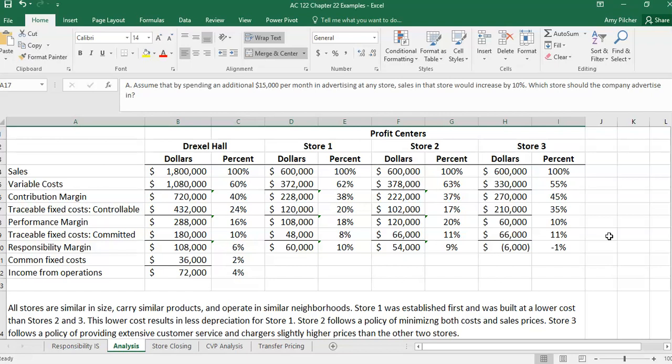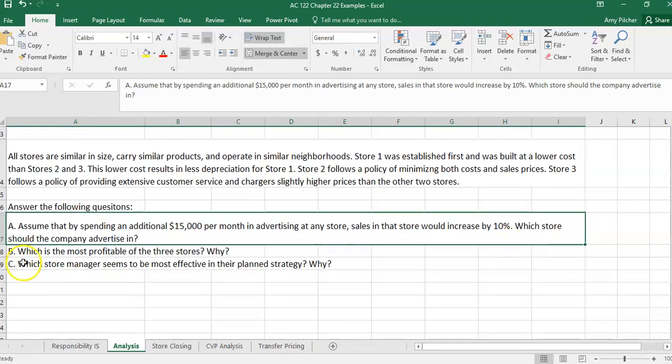Okay. So what we want to do is look at what will happen if we come down here. So we have A. Assume that by spending an additional $15,000 per month in advertising at any store, sales in that store would increase by 10%. Which store should the company advertise in?